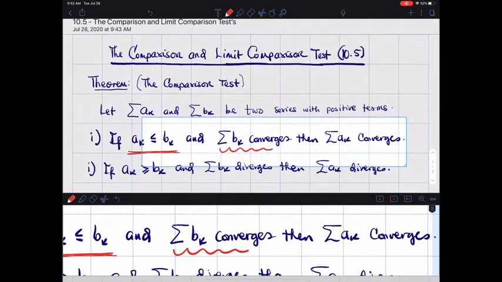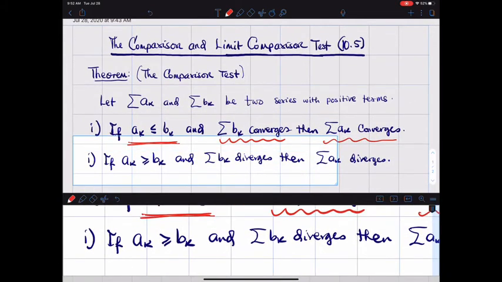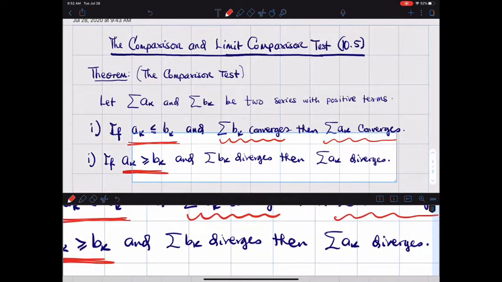If the big series converges, then the small series has to converge. Now, if a_k is greater than b_k and b_k diverges, then a_k must diverge. If the small series diverges, then the big series better diverge. I hope this is making sense to you guys.